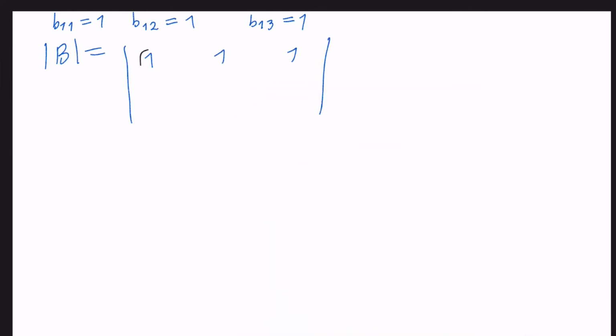For this one, the minor matrix should be at least 1, 1 in the diagonal. Why? Because the determinant of this minor matrix must be 1, so we multiply them and they will give us 1.